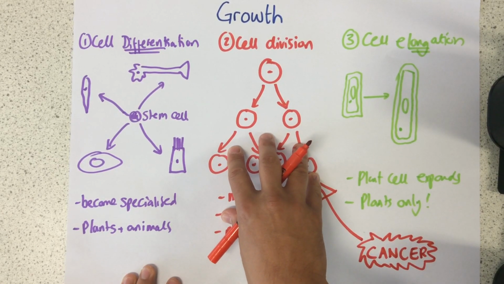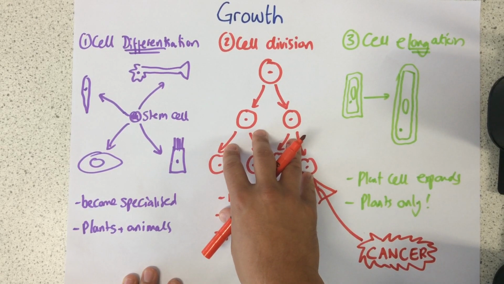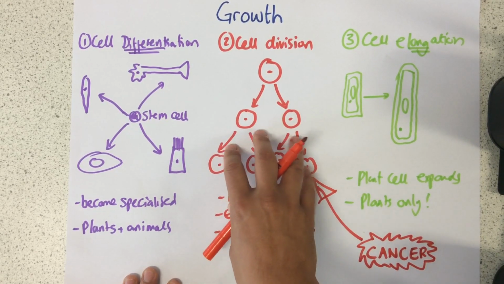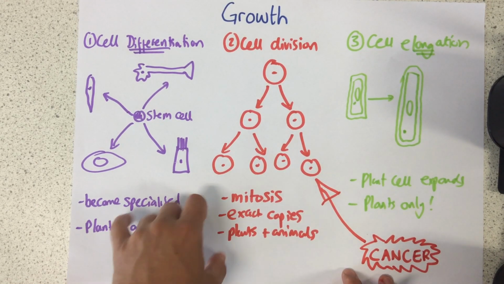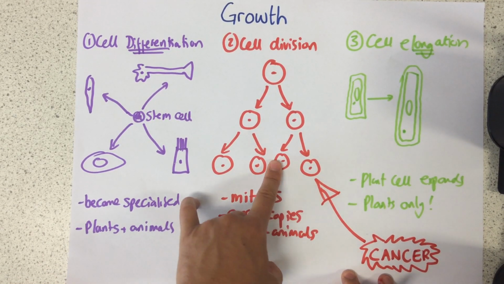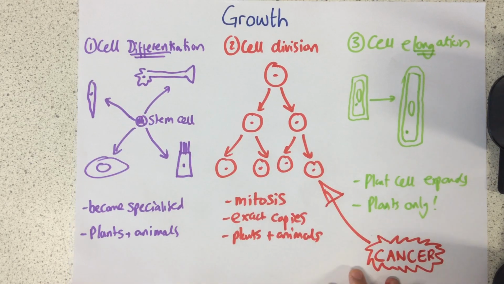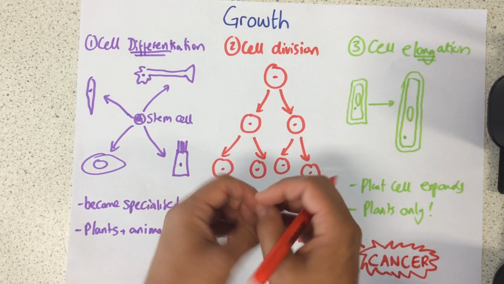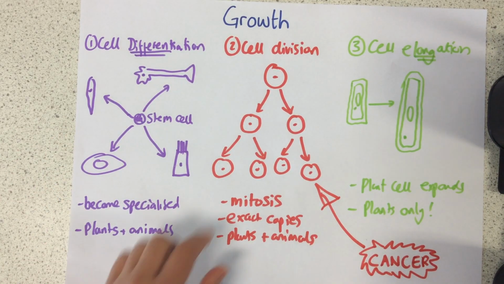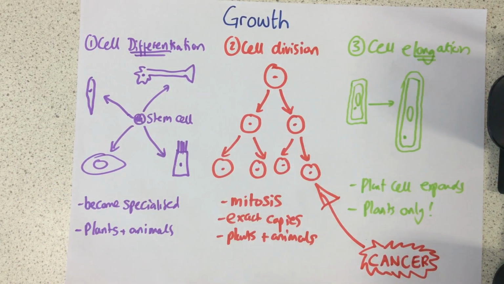By making all of those cells, we form a tumour. Now that's really bad because a tumour can invade and destroy surrounding tissues. It's really hard to treat as well, cancer, because essentially it's just our own cells. So you can't take a drug to kill these cells because they're your own cells. You'd kill all of your other cells in your body too. So it's very hard to target.